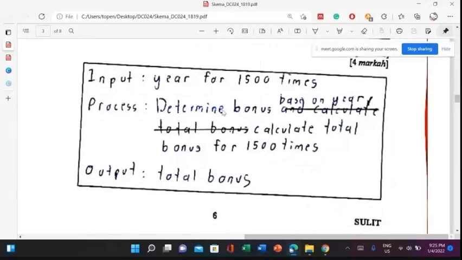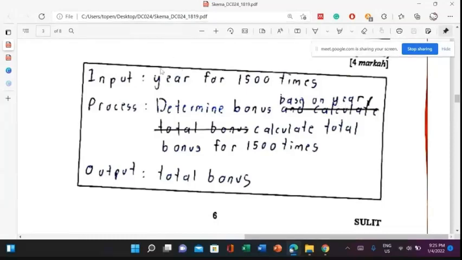Okay, because we need to determine which staff belongs to which type. Okay, determine bonus. Okay, we are using the formula determine output based on input here. So determine bonus based on year.